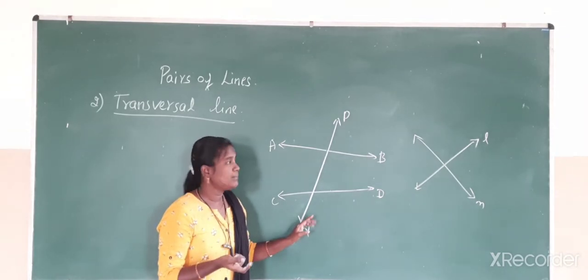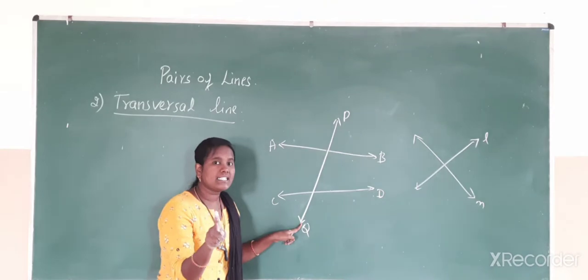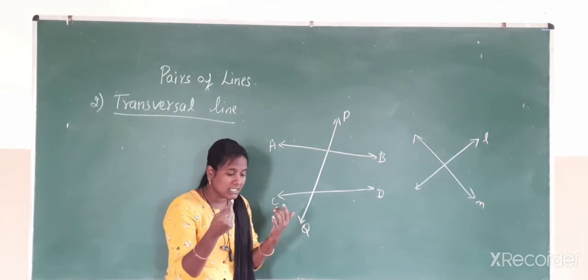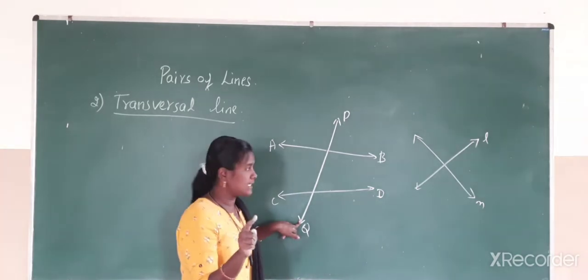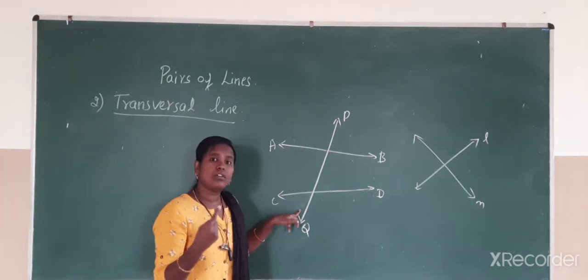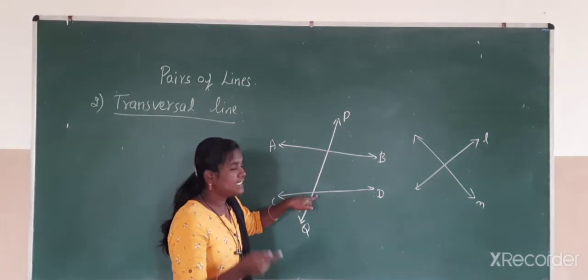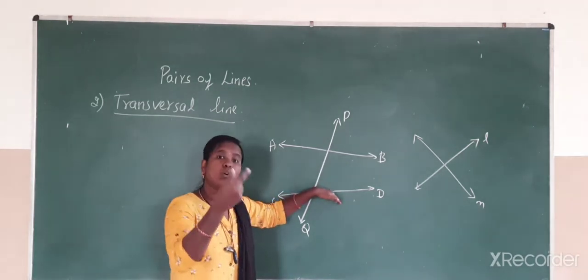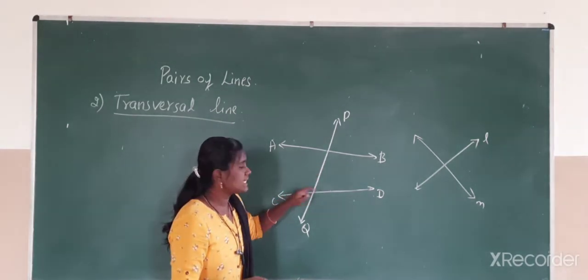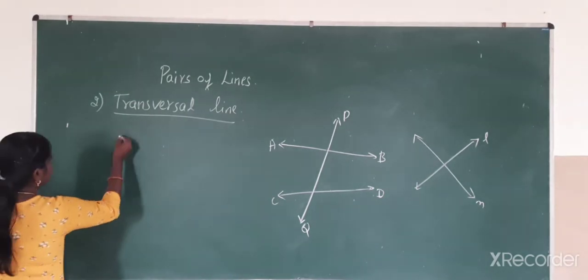So the definition is: a transversal line is a line that intersects. That intersect means that a line intersects two or more than two lines at a distinct point. I'm saying it clearly. First, let me write the definition.